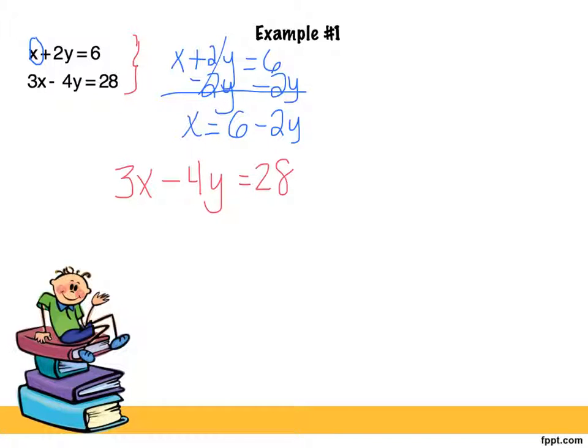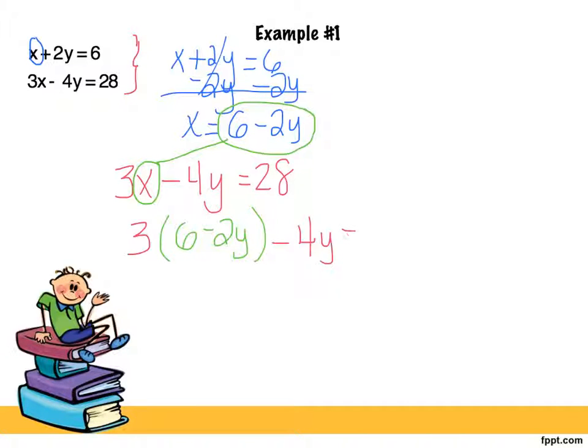But we know that x is equal to 6 minus 2y. So I'm going to replace the x in the second equation with the 6 minus 2y. We have 3 times 6 minus 2y, minus 4y equals 28.